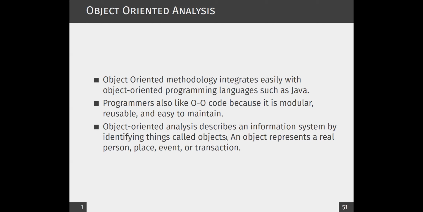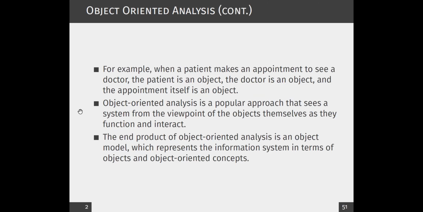So how people design an information system using OOP is you have to identify what we call the objects, which could be a person, a place, an event, or a transaction. So it's a different way of modeling and implementing. We know this as a different software paradigm.